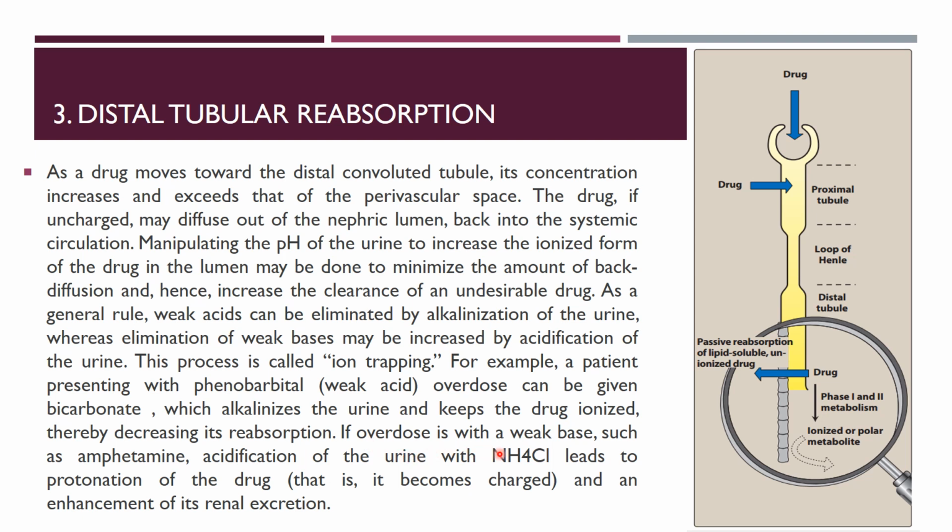If overdose is with a weak base, such as amphetamine, acidification of the urine with ammonium chloride leads to protonation of the drug, that is, it becomes charged, and an enhancement of its renal excretion.